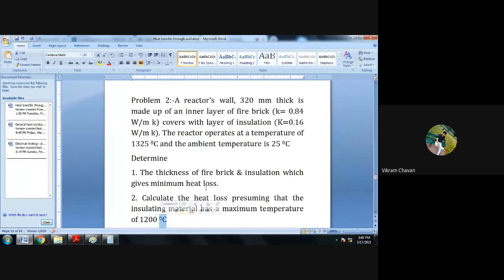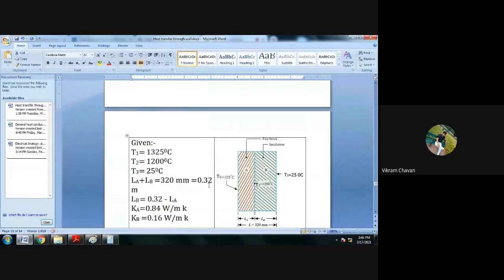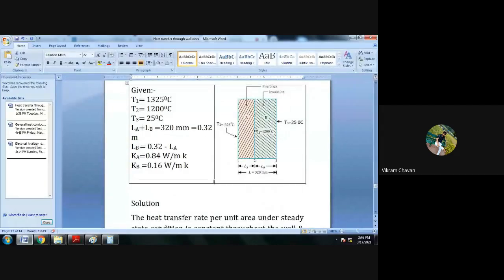If you want to draw the diagram, it will be in such a manner. There are two walls, one is the fire brick wall and another is the insulating material wall, and the total thickness of the reactor wall is 320 mm.